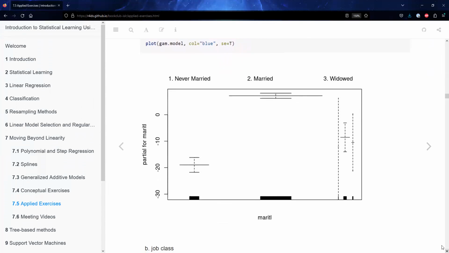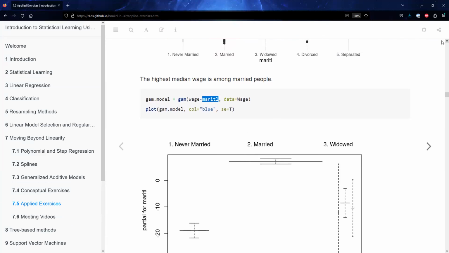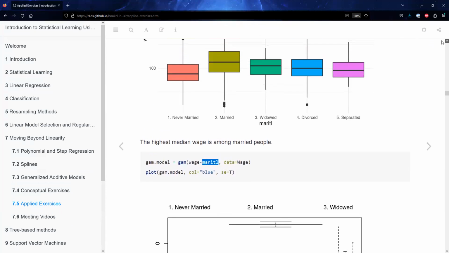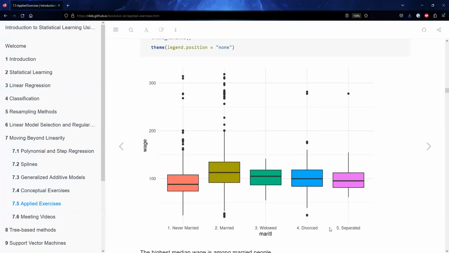I did not include it here, but the person that was making the GitHub repository solution then looked at the sample size for each of these 5 subcategories.